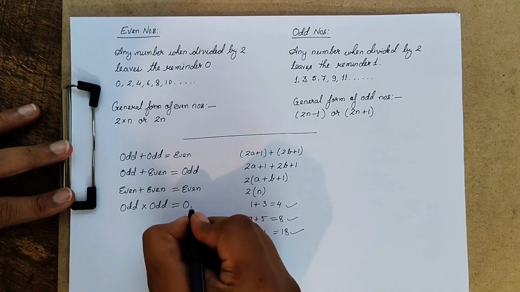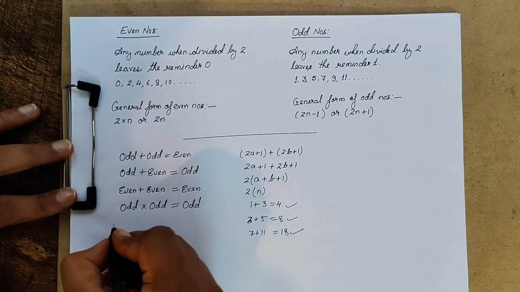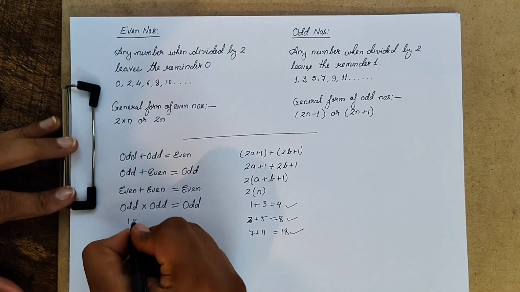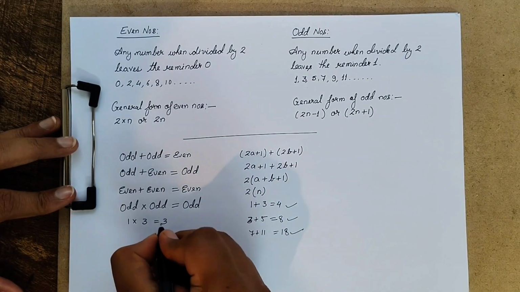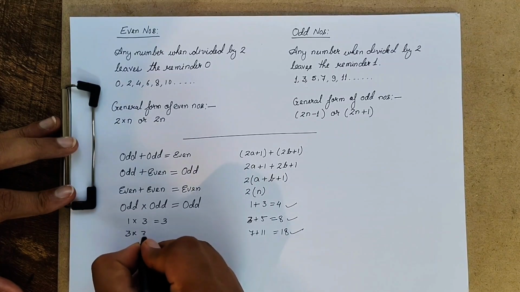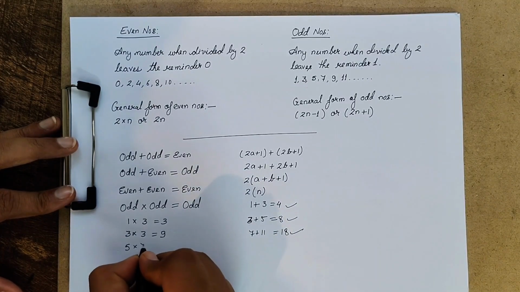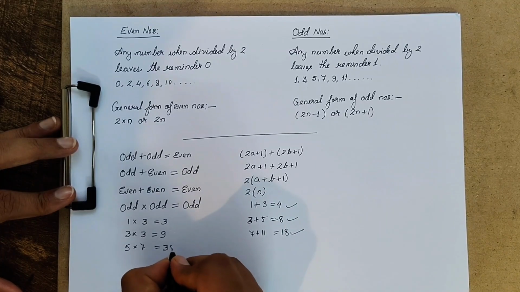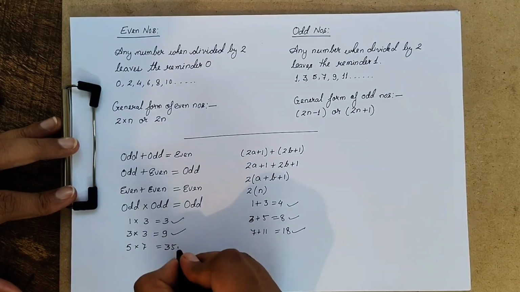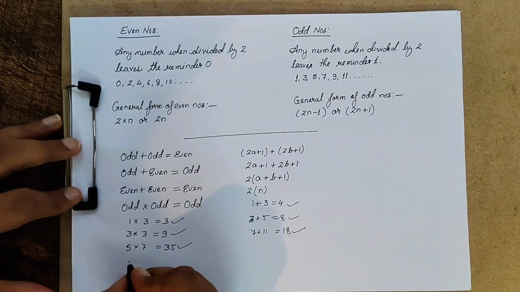Odd into odd is always odd. How? Let's see by a few examples. 1 into 3 is 3. 3 into 3 is 9. 5 into 7 is 35. So all are odd numbers.